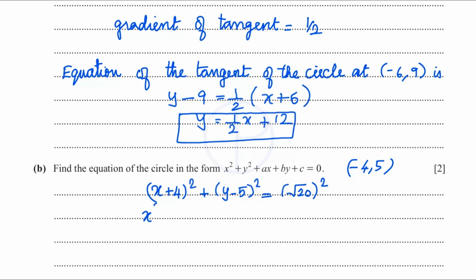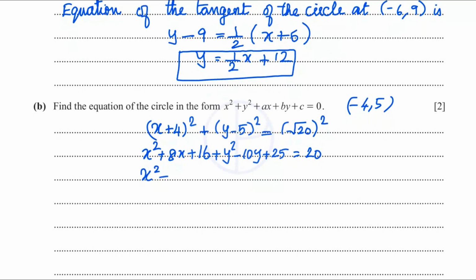So let's expand this. x squared plus 2 multiplied by 4 is 8x plus 4 squared which is 16, plus y squared minus 10y plus 25 equal to 20.